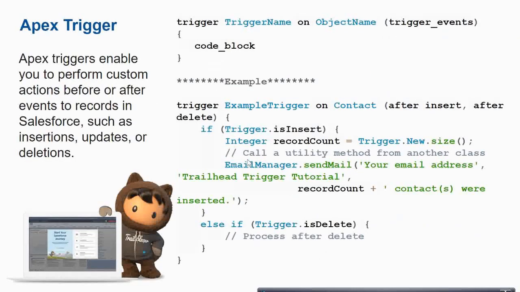But for now I'll just refer to it as an Apex class called email manager, and send mail is the method within that class. Just like Java, you call this class and this method within that class, and what this method does is trigger an email.